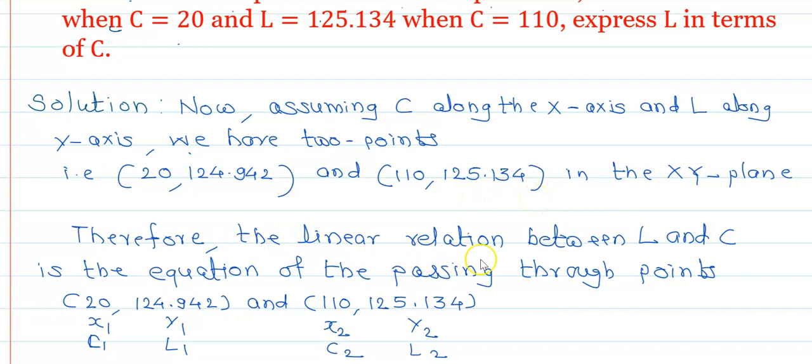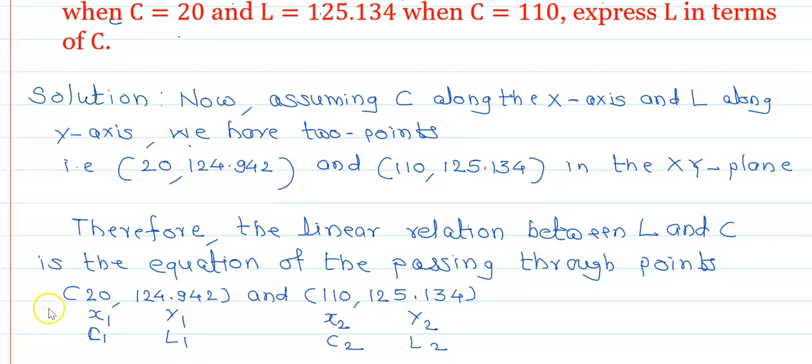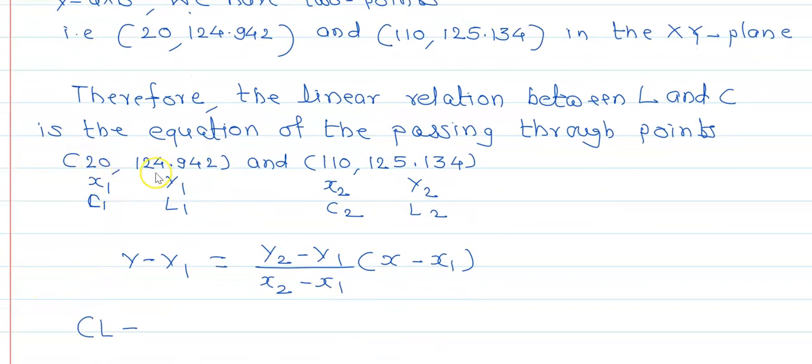Therefore, the linear relation between L and C is the equation of the line passing through these two points. The first is x1, y1, treated as c1, l1. Second is x2, y2, c2 and l2. We have the equation of a line in the two-point form: y minus y1 is equal to (y2 minus y1) upon (x2 minus x1) into (x minus x1).